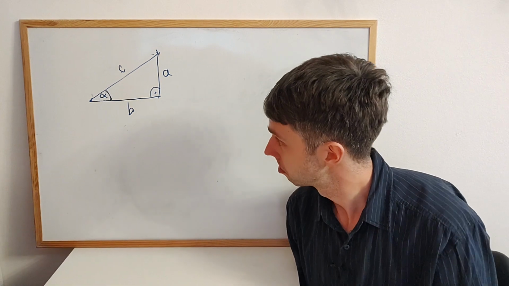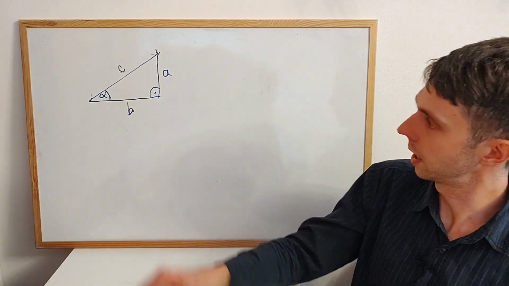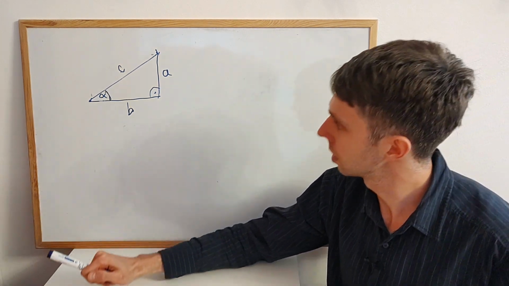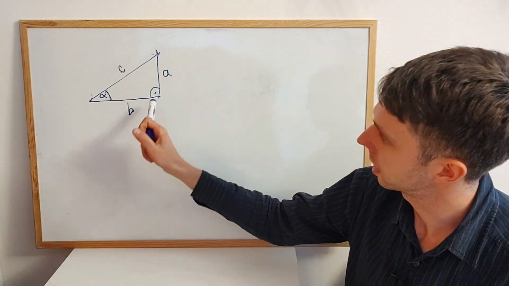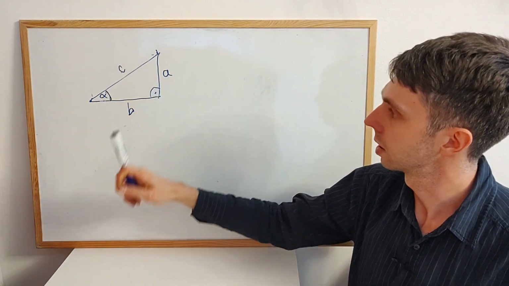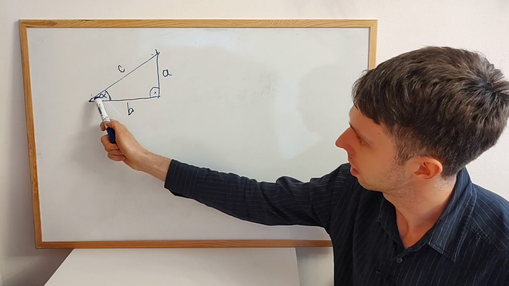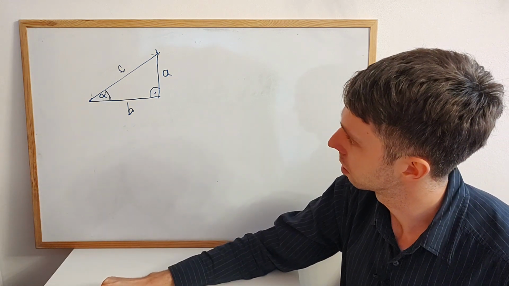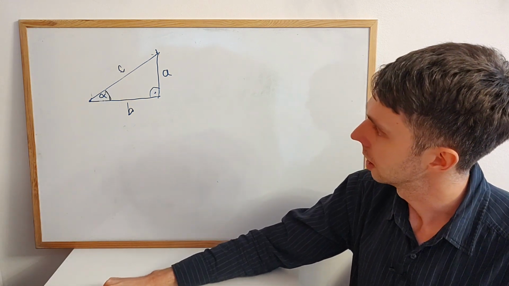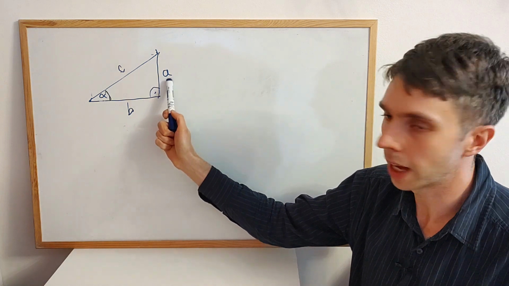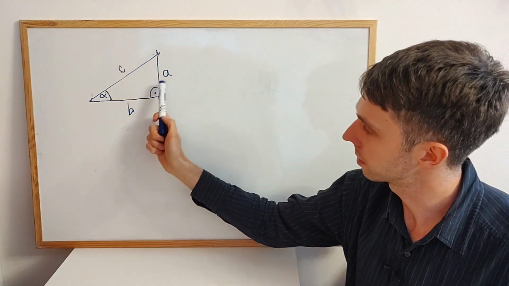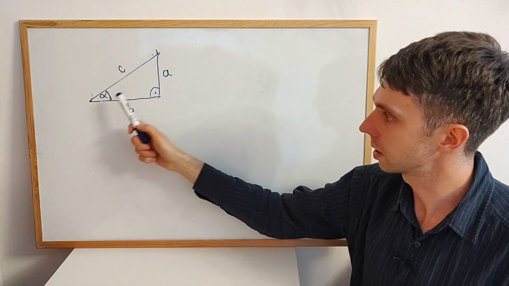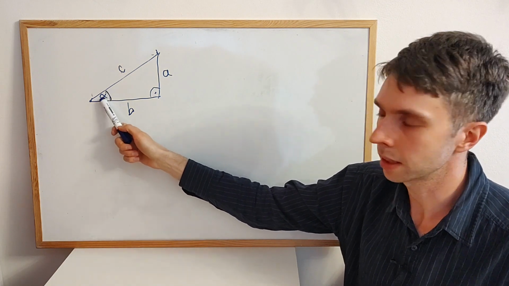So let's start with the right triangle. A triangle that has one right angle here. And let's call this angle alpha, okay? And so A is the length of the side which is opposite from the angle alpha.